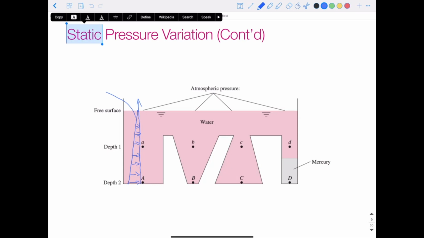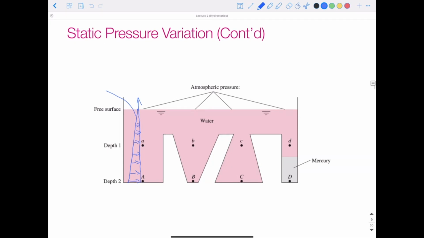And we could say that dP dz is equal to negative gamma, which is the specific weight of water. So let's look at the other side now. Let's look where we have our fluid change.